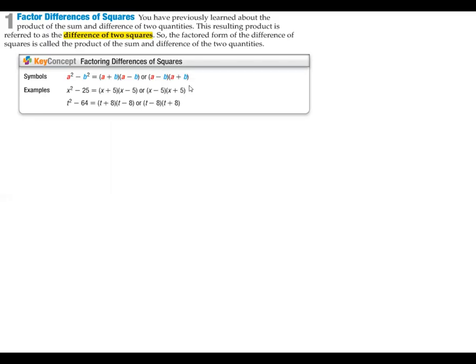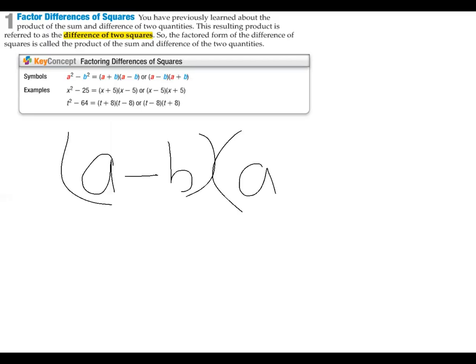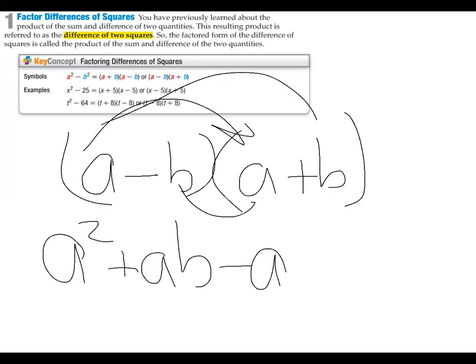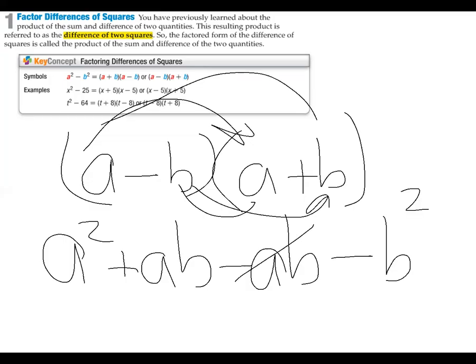Here's why. Because when you had a minus b times, you could do this the other way, a plus b, a minus b. When you FOIL it, you get a squared plus ab minus ab minus b squared. And the ab's cancel out the outer and inner terms, leaving you with the first term squared minus the last term squared.